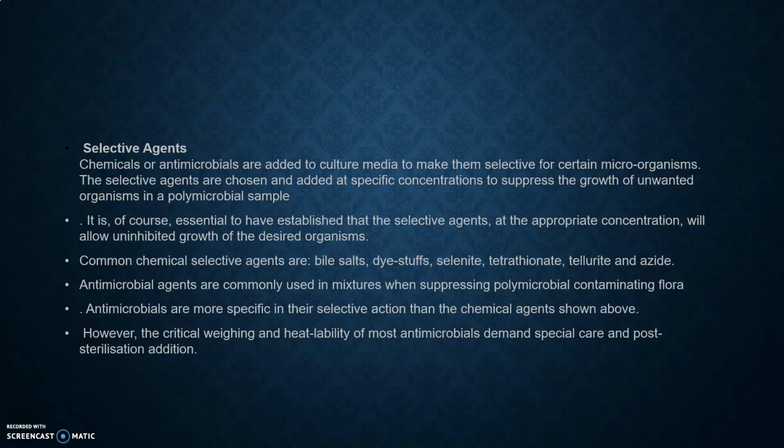The selective agents are chosen and added at specific concentrations to suppress the growth of unwanted organisms in a polymicrobial sample. It is, of course, essential that the selective agents at the appropriate concentration allow uninhibited growth of the desired organism.